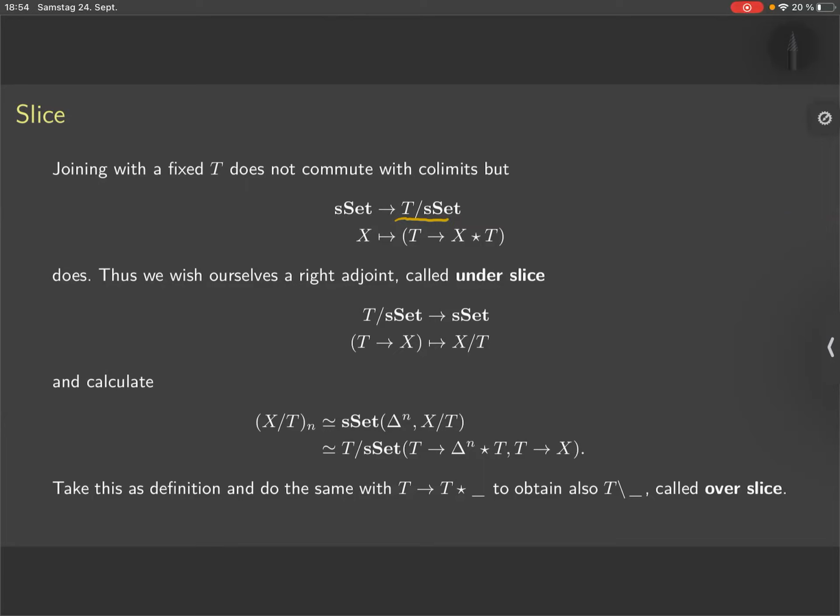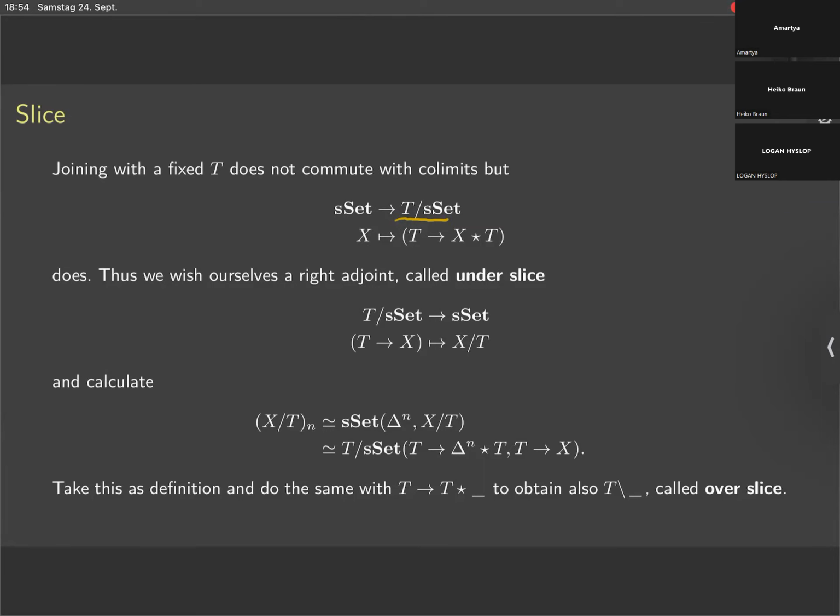So same idea. And now this actually is an adjoint because one can check that this functor here commutes with colimits, and then one can prove that it is actually an adjoint. And we take this as definition and obtain the underslice, and also consider this with this part, and this is now called the overslice.